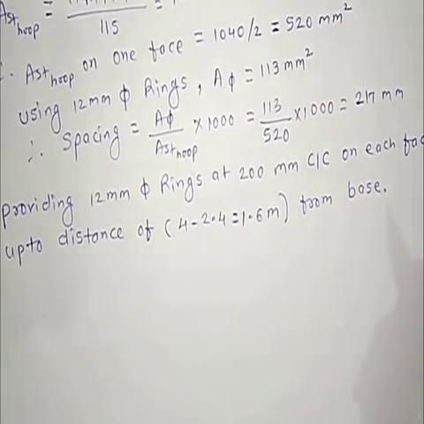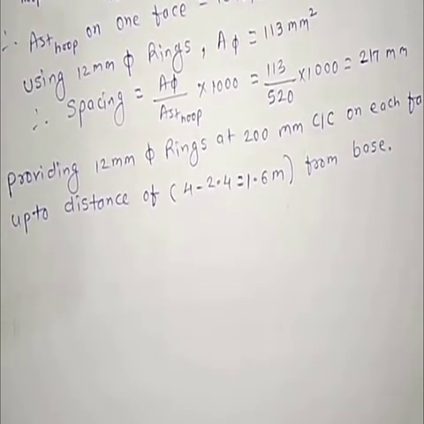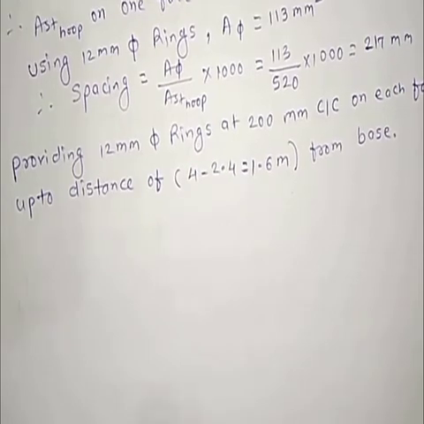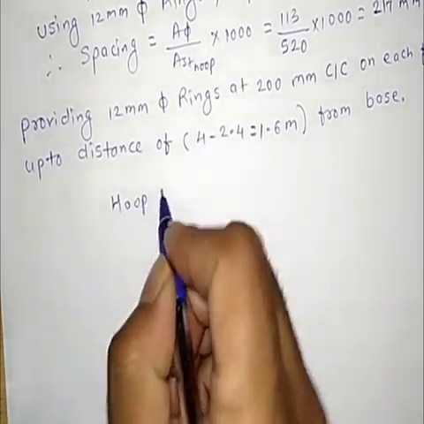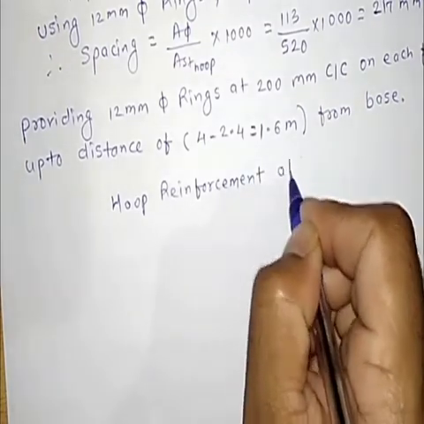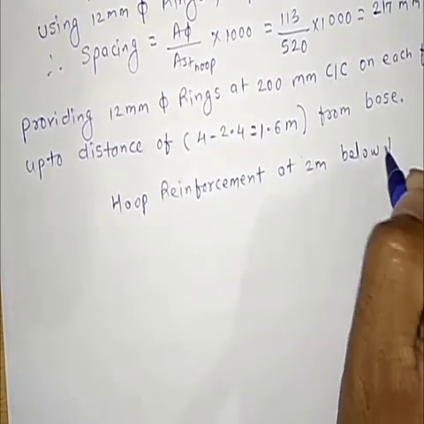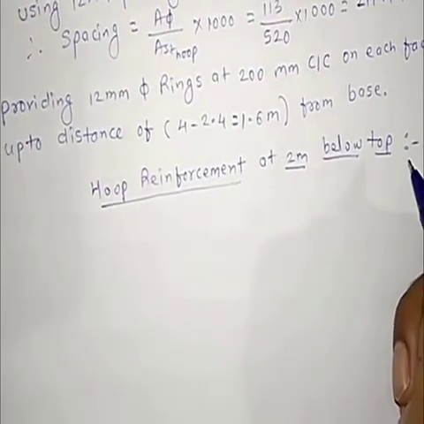Now you need to calculate the reinforcement above that. So let us calculate the hoop reinforcement at 2 meter below the top. So this is what we need to calculate now.